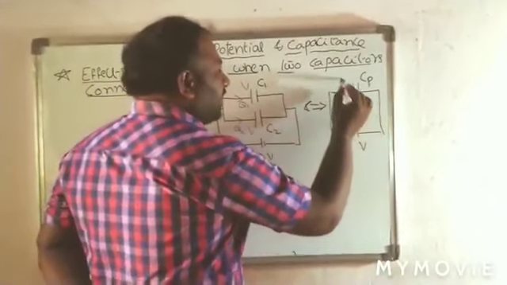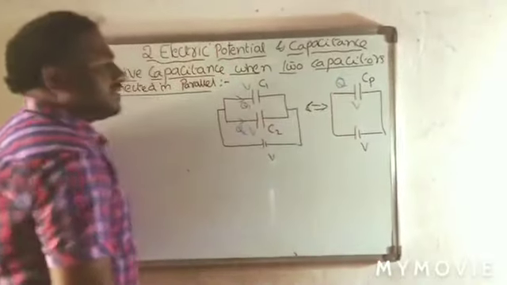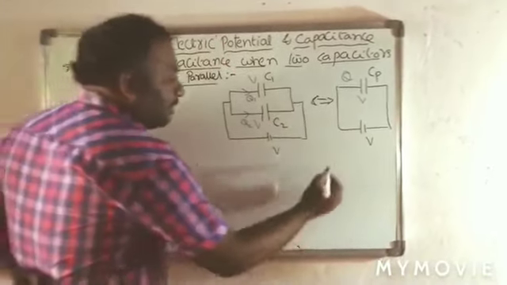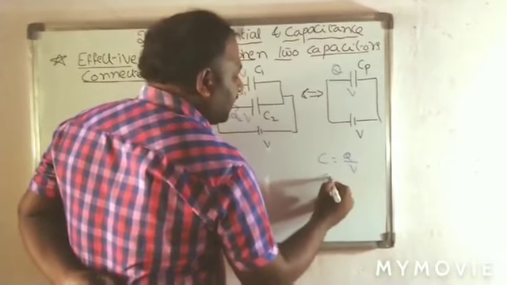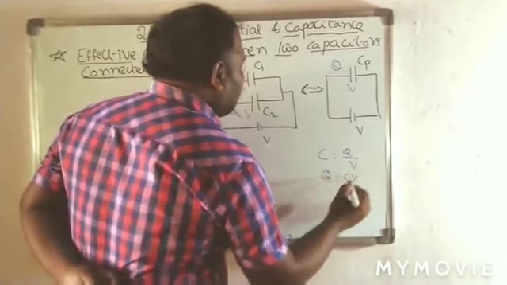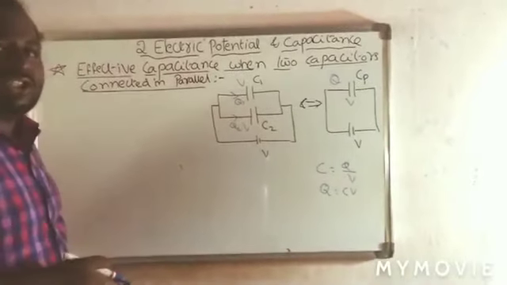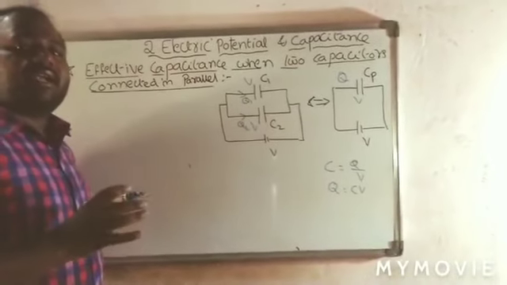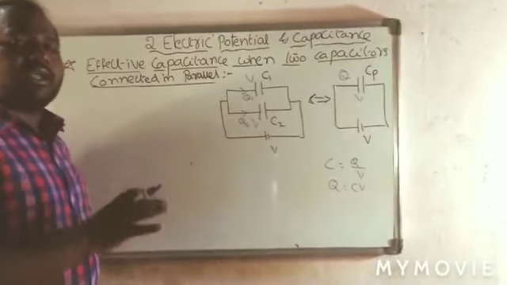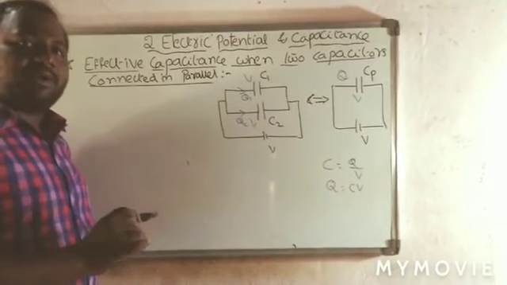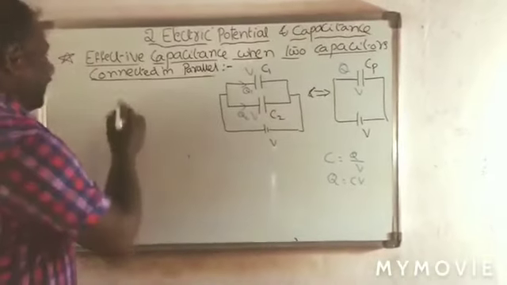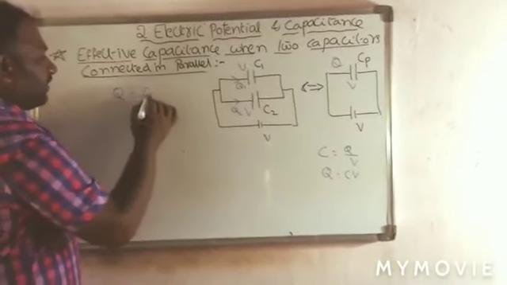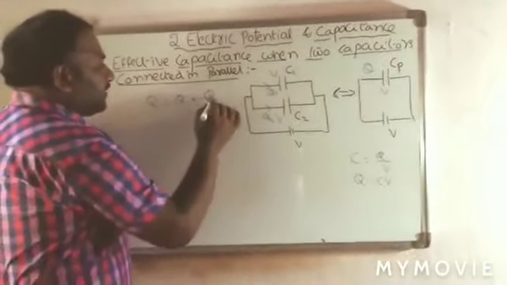Here voltage V, and the charge is taken as Q. And we know the formula I already gave you, C is equal to Q by V. Here Q can be taken because the dividing term is charge. In the series connection, the dividing term is potential, so we take V is equal to V1 plus V2. But in parallel connection, the dividing term is the charge, so we take Q is equal to Q1 plus Q2.